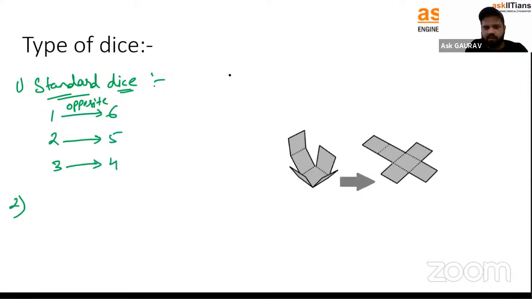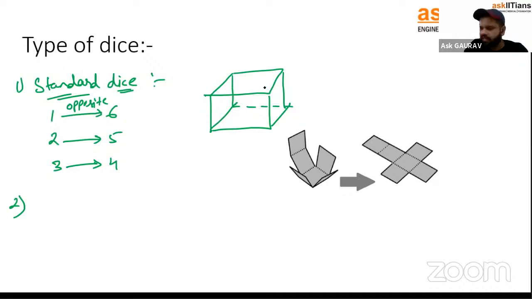If I make a diagram, here is 1, and on the front surfaces are 2 and 3. Just remember the standard: 1 is opposite to 6, 2 is opposite to 5, and 3 is opposite to 4.